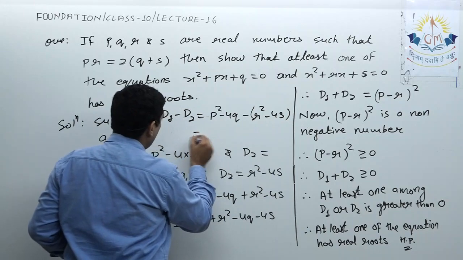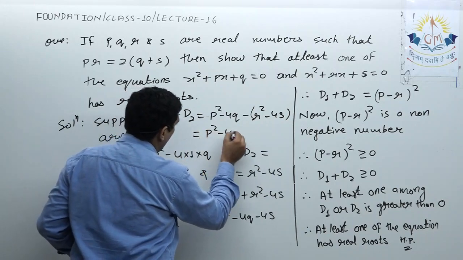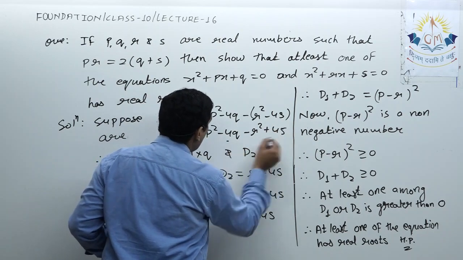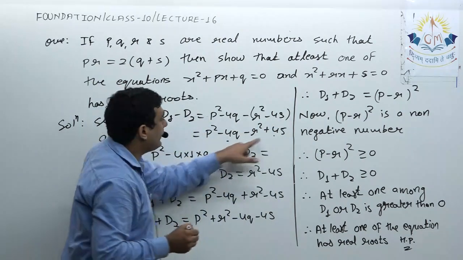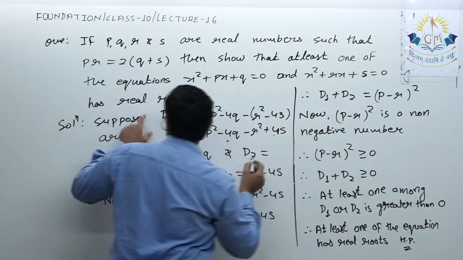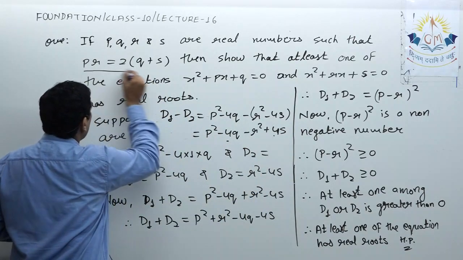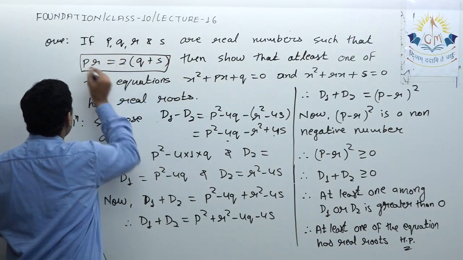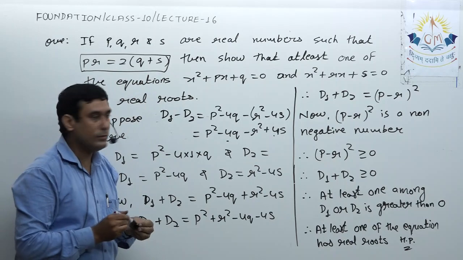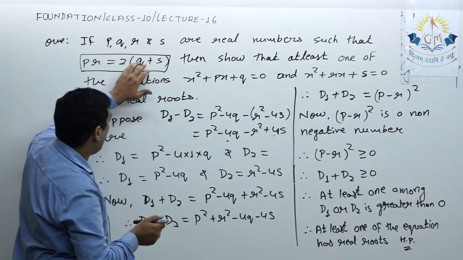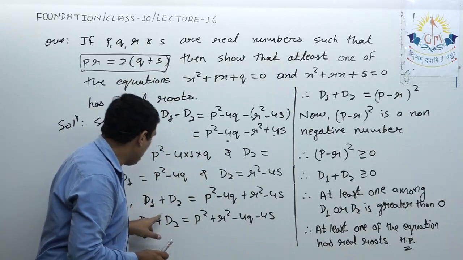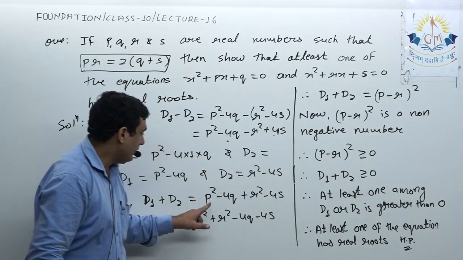When I open the bracket, it is p square minus 4q minus r square plus 4s. Even if I take 4 common, I won't get the value of q plus s. The relation between p, q and r is given, so ultimately I need something like p plus s or p into r, so that I can place that relation here. That is how I got the value of d1 plus d2.